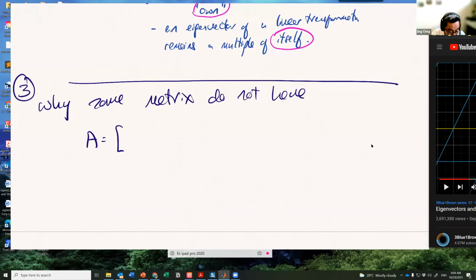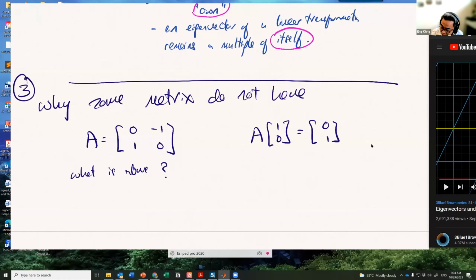A equals 0, 1, minus 1, 0, acting on x1 and x2. Now, if I multiply A by 1, 0, what do I get? 0, 1. So I have rotated my input vector.